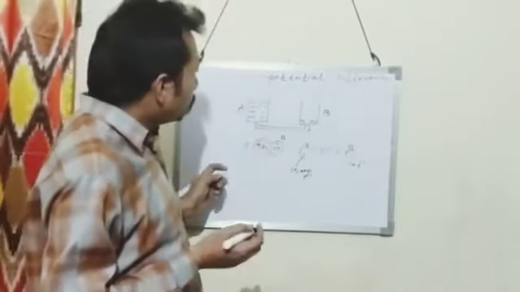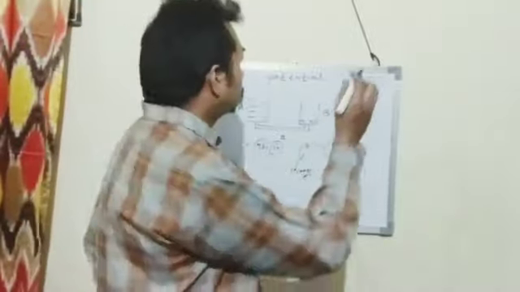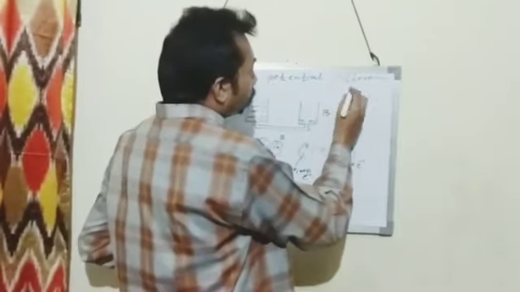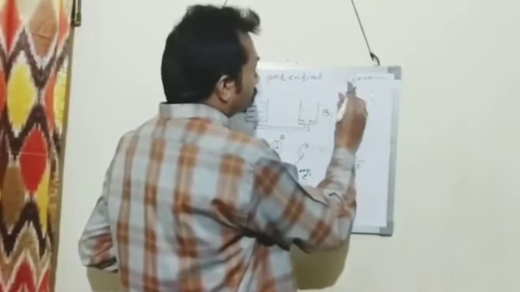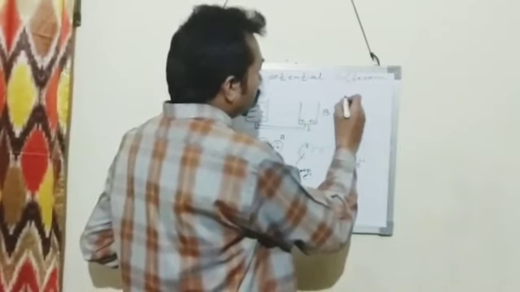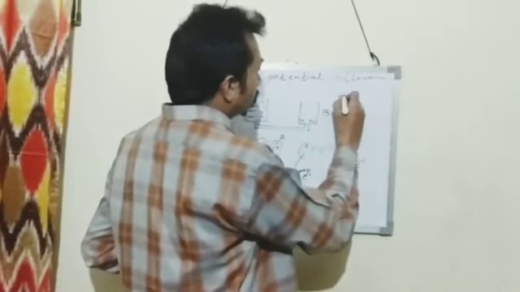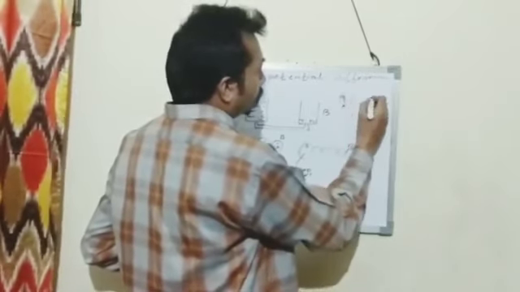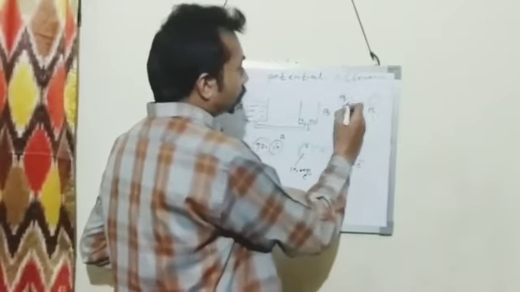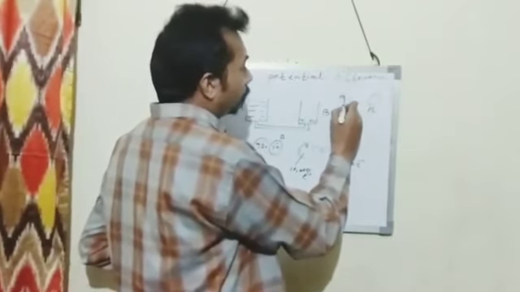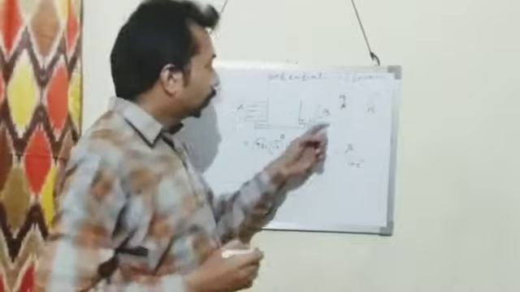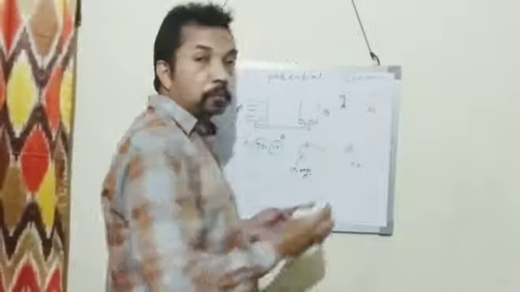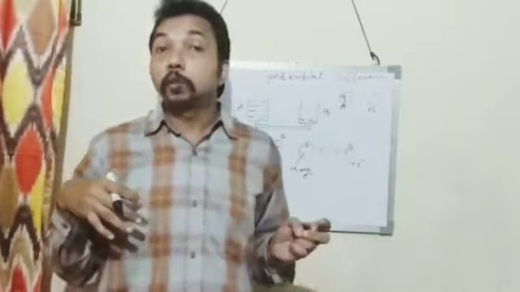Then how do we measure this potential difference? Suppose Q is a charge at A, and this charge Q is to be taken from body A to B. If we have to move this charge Q from A to B, the charge won't come by itself.